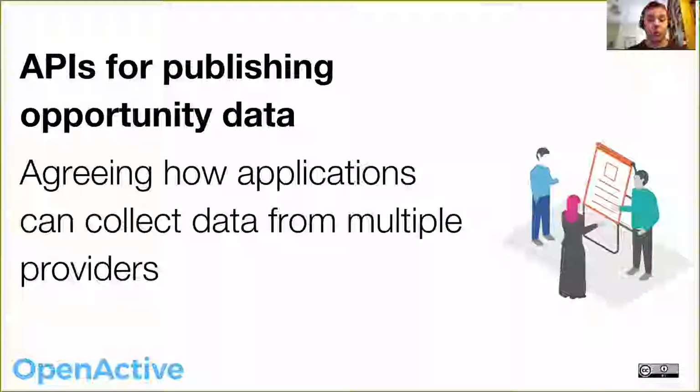And that's really important because there are so many different organizations that have got opportunity data that for an innovator to try and go around all of them and deal with all of their varied ways of describing opportunity data and the different APIs and technical mechanisms they have to publish data, it would be quite a lot of work to do that. So by standardizing not just the data model, but also how to access the data, we make life easier for everybody.